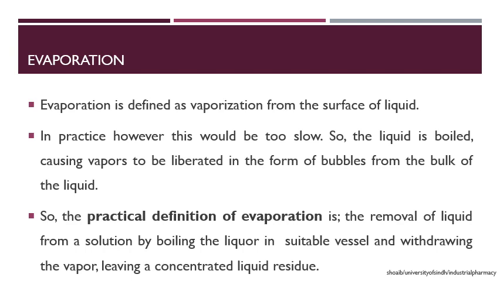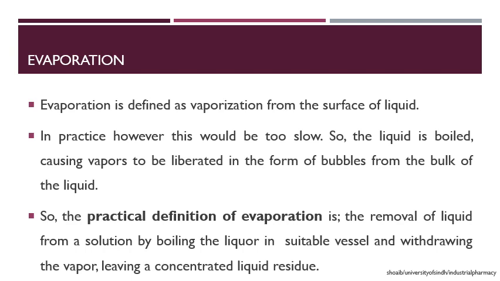To increase the speed of the process, we have to carry out the process from the whole of the liquid. So if practically we see, we can define evaporation as the removal of liquid from the solution by boiling the liquor in a suitable vessel and withdrawing the vapor, leaving a concentrated residue.